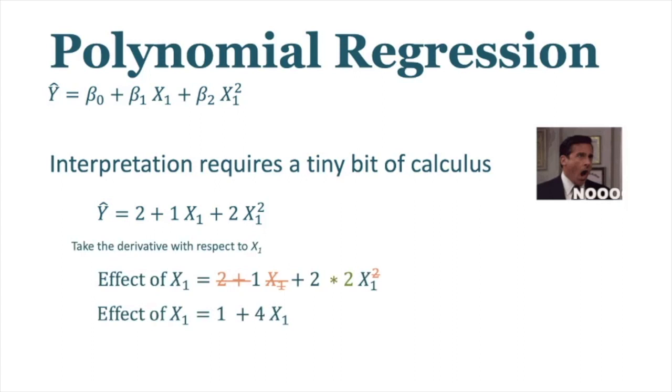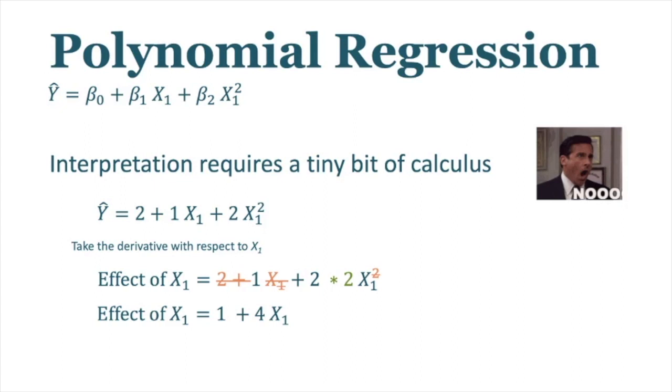To take the derivative, which is a calculus thing, what we need to do is find all the places where we have x1. This is very similar to what we did in interactions. So we're going to find all the places where there's x1. And in this case, we have that here with the 1x1, and then we also have it in the 2x2.